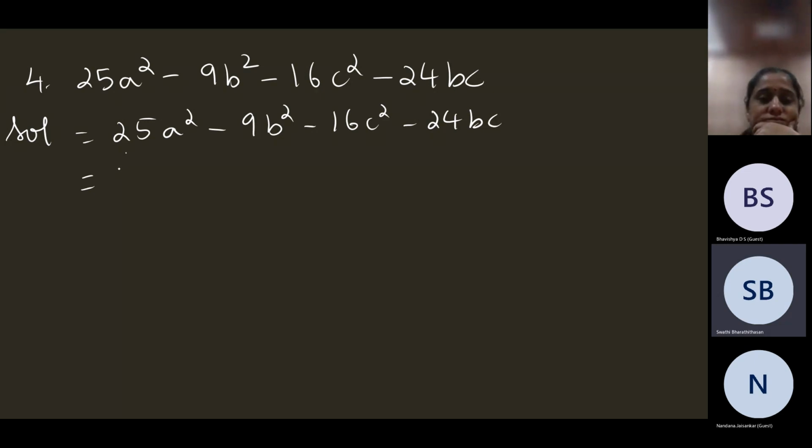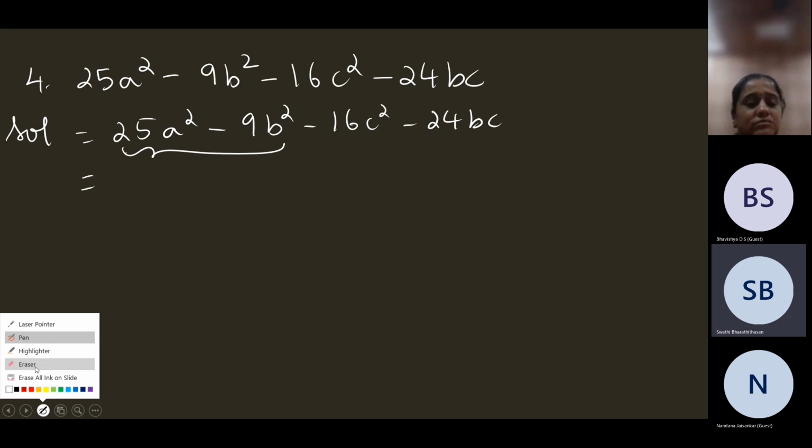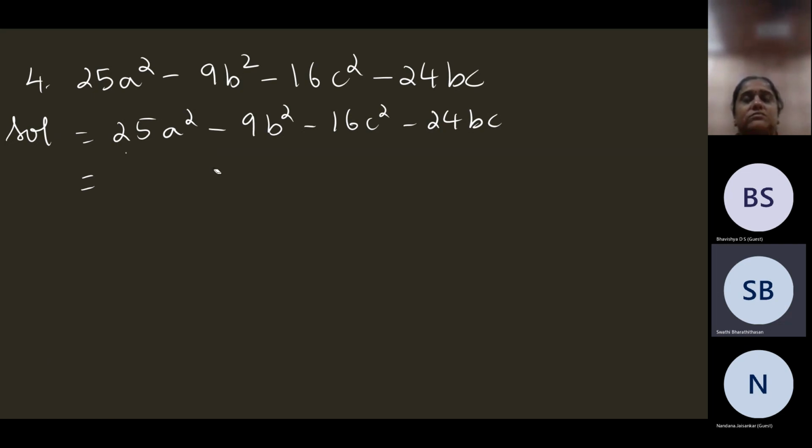Since 25 and 9 are perfect squares, we write them in square brackets, like 5A. Oh, so you're grouping these two, is it? Yes, ma'am, these two and the minus 16 and those. What did you get finally? Ma'am, I'm getting minus 4C the whole square minus 24BC, ma'am.